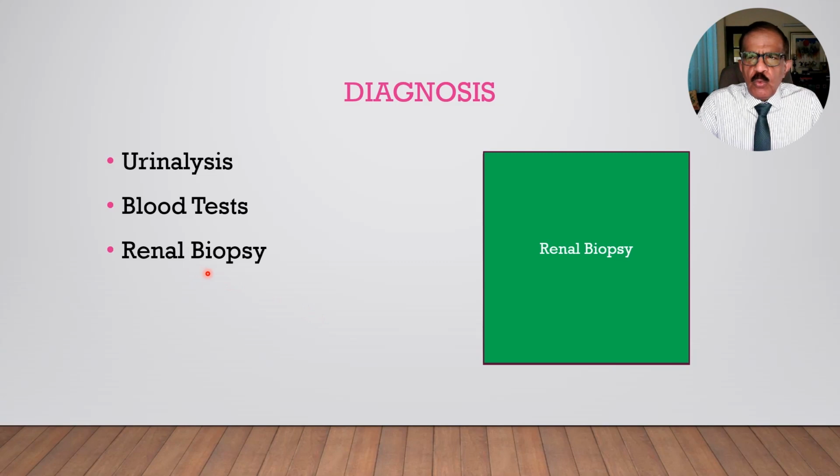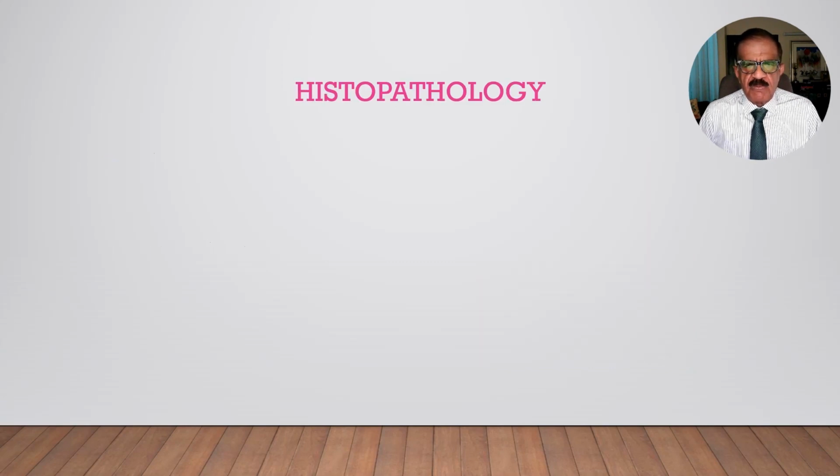If we do renal biopsy, of course, in autopsy studies and in earlier studies when kidney biopsy was done, there are various abnormalities which I'm going to show you here just to complete the module. But as I said, in routine clinical practice, kidney biopsy is not done just for confirmation of the diagnosis.